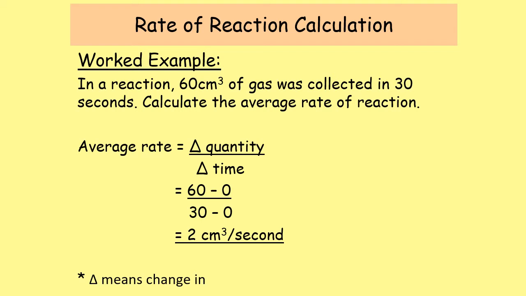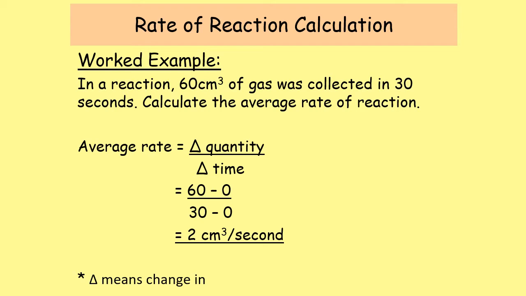So if you ever see a triangle written in chemistry, that just means change. So change in quantity divided by change in time. Now the quantity of gas was 60, the time was 30. So your average rate is 60 divided by 30, which works out at 2 centimeters cubed per second.